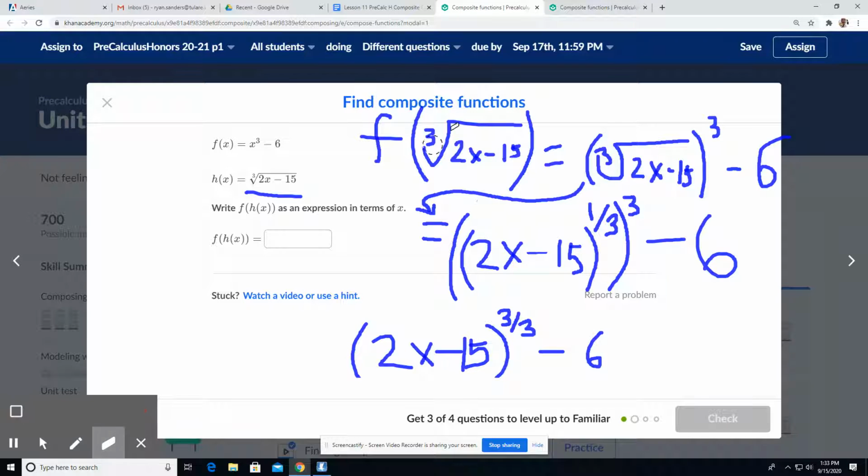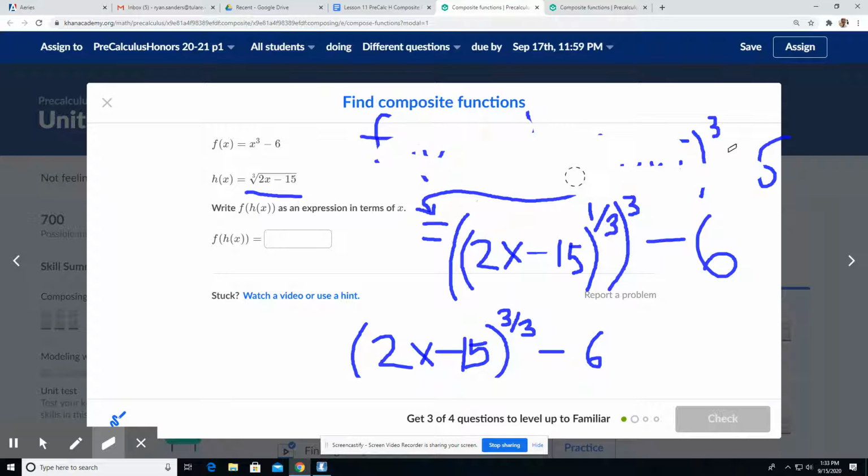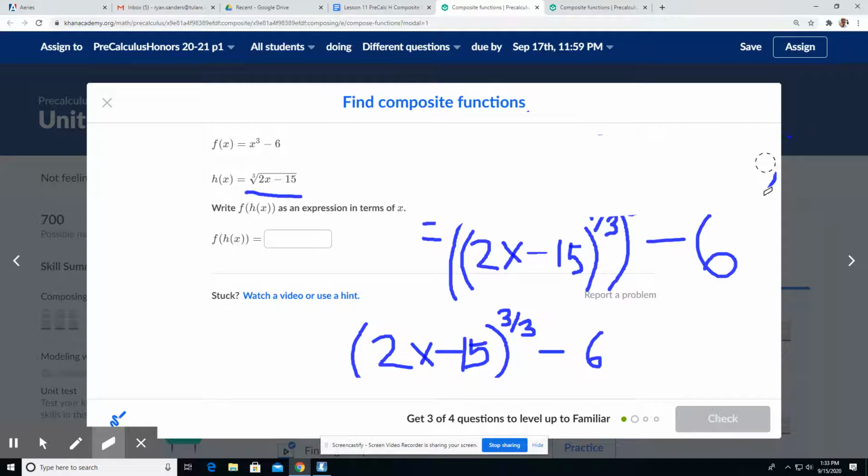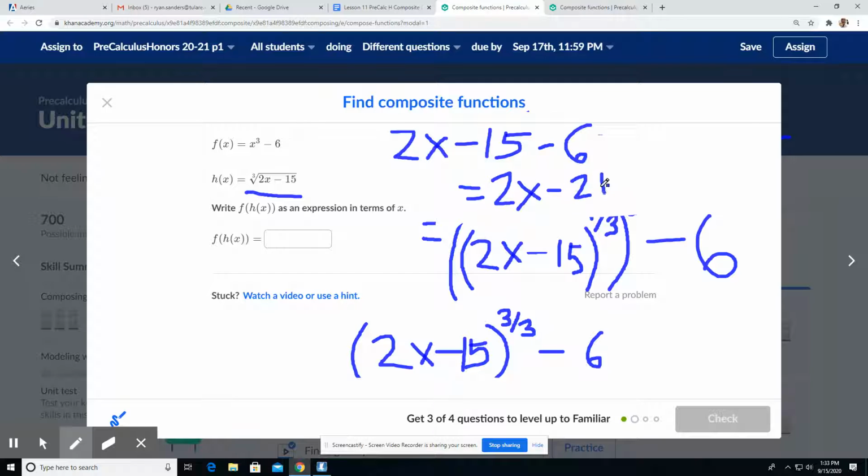So all of this turns into 2x minus 15, and then we still have the minus 6 here. Basically we're just dropping the parentheses. That was pretty nice. Combine like terms: a negative and a negative make a bigger negative. This is 2x minus 21. That's what I got.